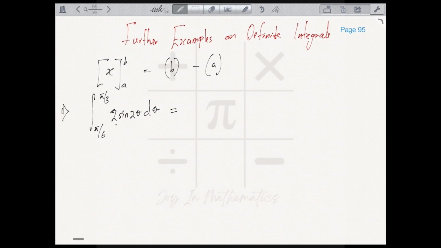Then let's proceed. So 2 is a constant. Let's bring it out. This will give us 2 times the integral from pi over 6 to pi over 3 of sine 2 theta d theta. Let's recall that when we are integrating sine ax with respect to x, we will have minus 1 over a cos ax.